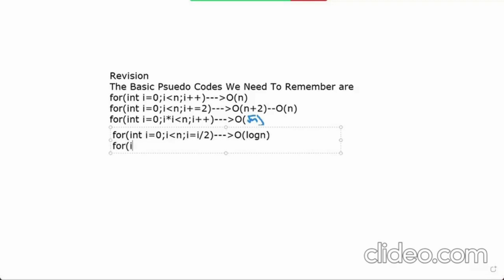For (int i = 0; i < n; i = i * 2), we also get big O of log n. So these are the basic pseudocodes which we need to remember, and I have revised them once again for you all.